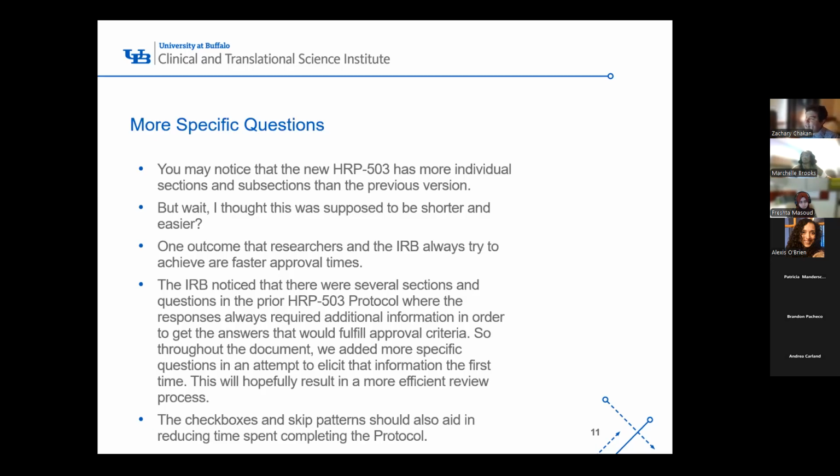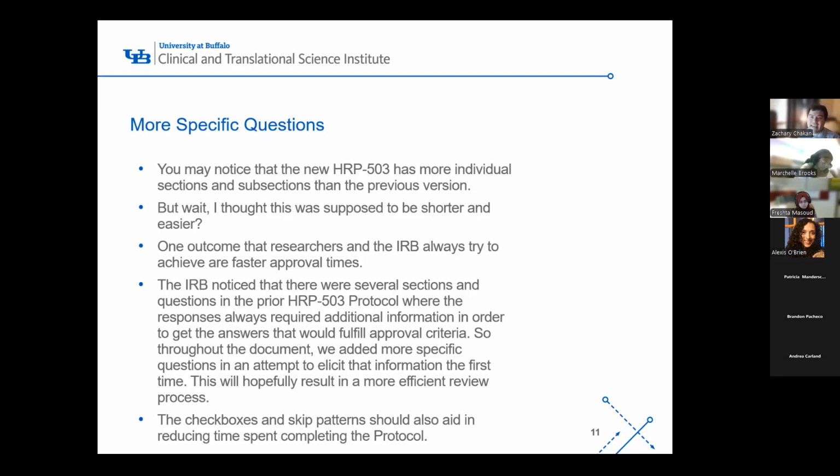And another big detail is that we did add in a lot of places more specific questions, whereas before there may have been a lot of vague, open-ended questions or questions that would have three, four, five parts to them. And when it came down to it, if there was one section, let's say section 10.1, for example, that has three, four, five parts to it, likely there's a reason for that.